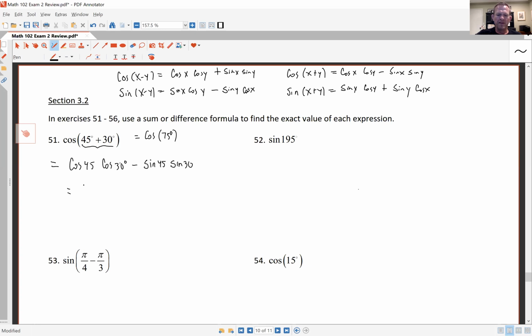Now cosine 45 is rad 2 over 2, cosine of 30 is rad 3 over 2, sine of 45 is rad 2 over 2, and sine of 30 is 1/2. So that gives us square root 6, square root 2, they're both over 4, so we get square root 6 minus square root of 2 over 4.